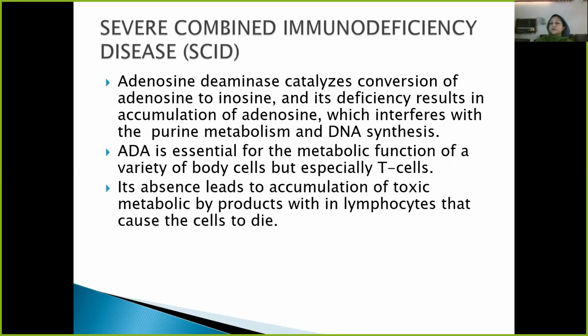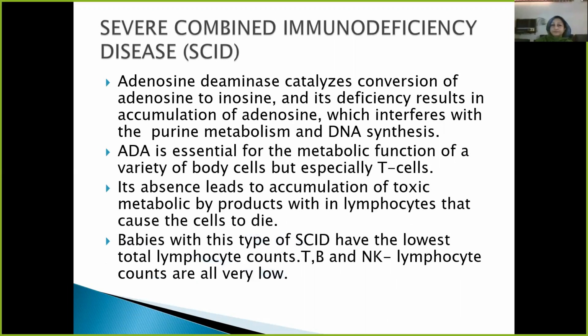Its absence leads to accumulation of toxic metabolic byproducts within lymphocytes that cause cells to die. Babies with this type of SCID have the lowest total lymphocyte counts. T, B, and natural killer lymphocyte counts all are very low.